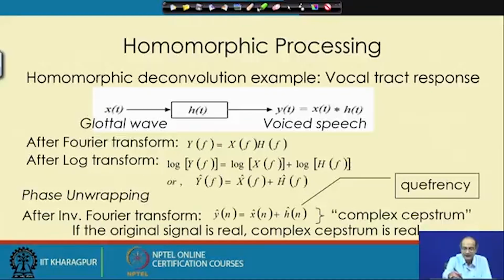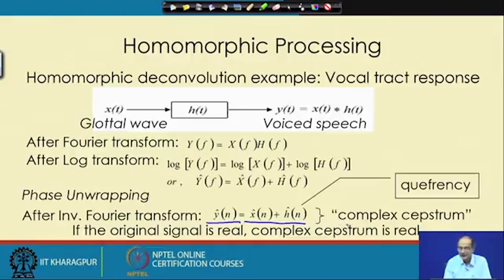After the phase unwrapping we can do the inverse Fourier transform and get back the signal, which is given as y hat, that is the sum of x hat and h hat n. Here, however, we need to keep in mind that n we cannot say is the same as the original n.